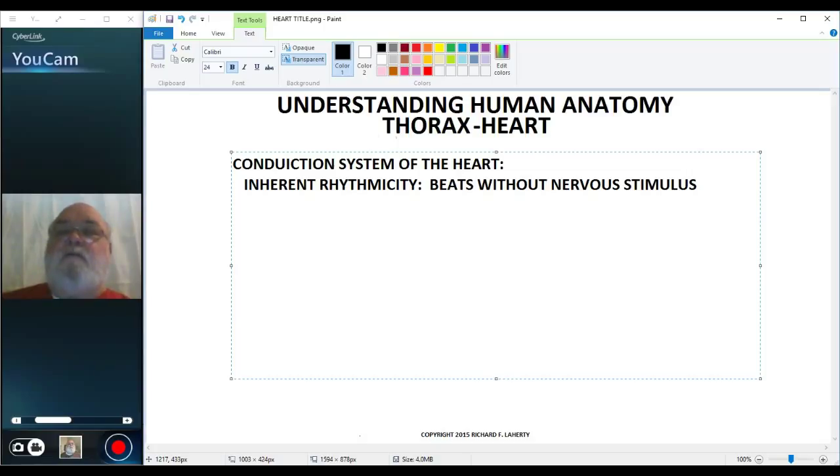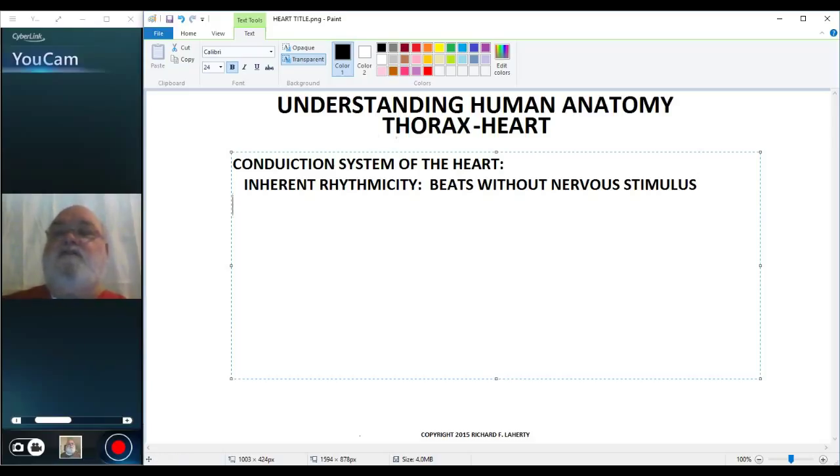To make the heart function efficiently, there needs to be a control on that rhythm. So the heart has its own conduction system.